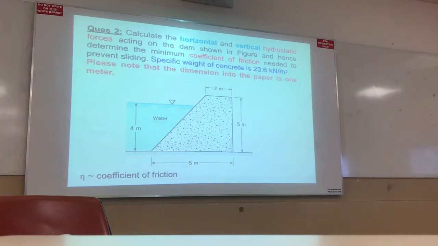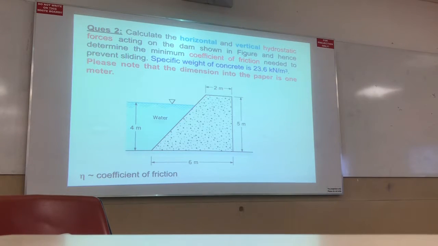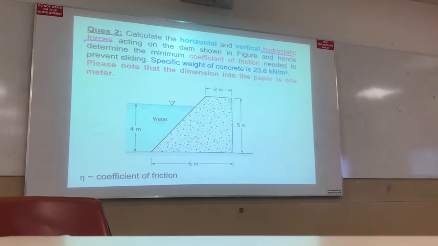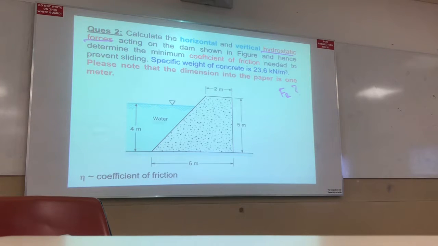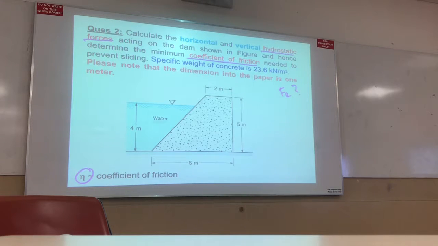Okay. This question. Calculate the horizontal and vertical hydrostatic forces acting on the dam. Okay, so this is the dam. Calculate the horizontal and vertical hydrostatic force acting on the dam as shown in this figure and hence determine the minimum coefficient of friction, nu, needed to prevent sliding.